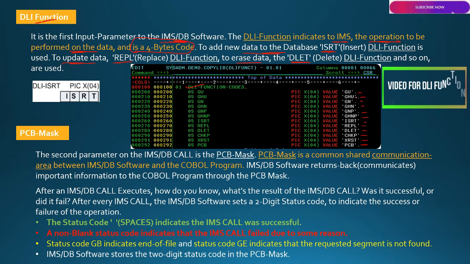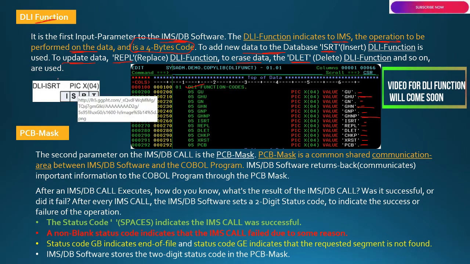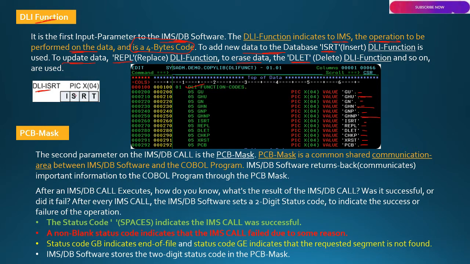We have GHU, GHN, and GHNP, meaning get hold unique and get hold next. We are holding the segment to update any data of the segment, so we mostly use these functions for that. In our example we are using the DLI function ISRT, which is 4 bytes.